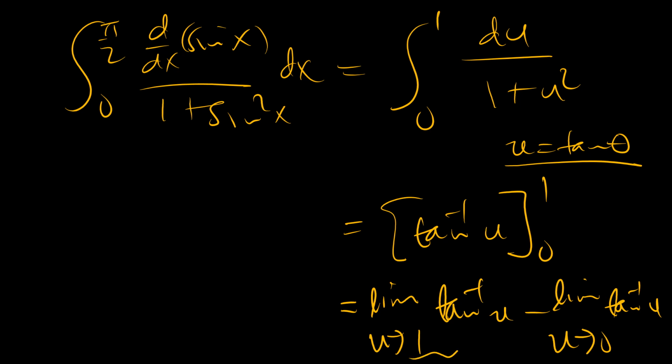So here this expression goes to pi over 4, this goes to 0. So the answer now becomes pi over 4 minus 0, which is pi over 4.